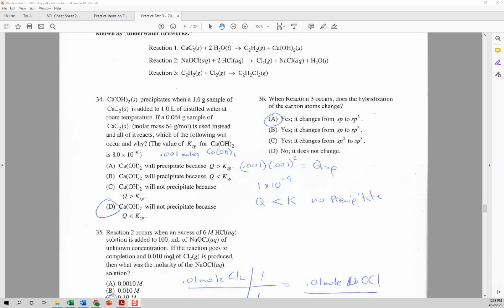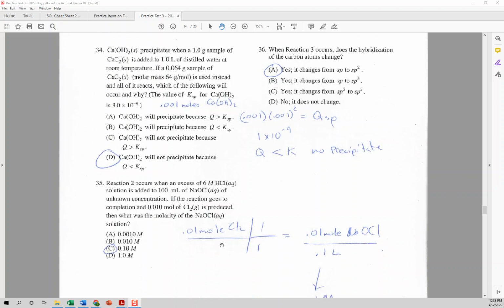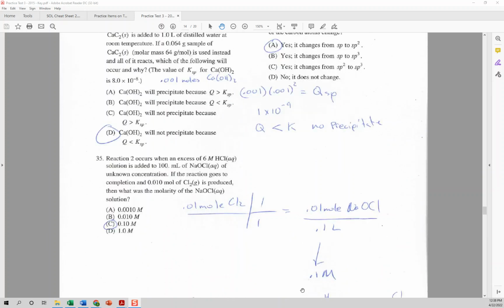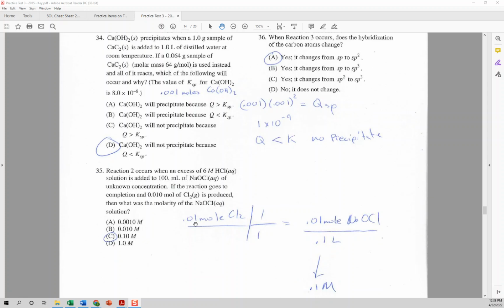That tells us how many moles. So we had 0.01 moles of sodium hypochlorite, and the volume was 100 milliliters, so divided by 0.1 liters. 0.01 moles divided by 0.1 liters, we get 0.1 moles per liter. Okay.